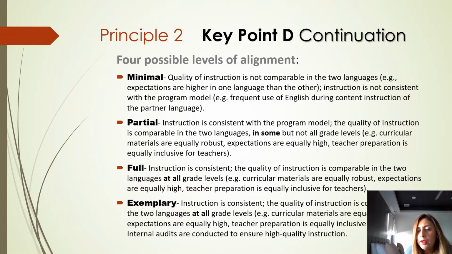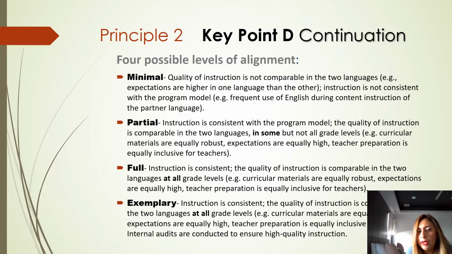At the partial level, the instruction is consistent with the program model. The quality of instruction is comparable in the 2 languages in some, but not all, of the grade levels. The curricular materials are equally robust, the expectations are equally high, and the teacher preparation is equally inclusive for all teachers. At the full level, the instruction is consistent. The quality of instruction is comparable in the 2 languages at all grade levels.